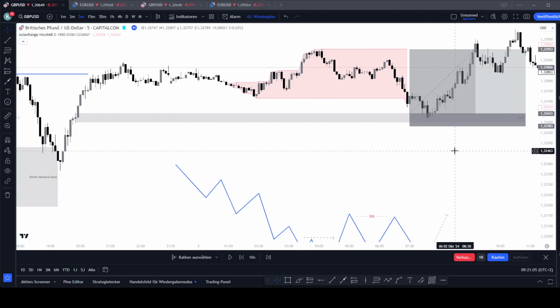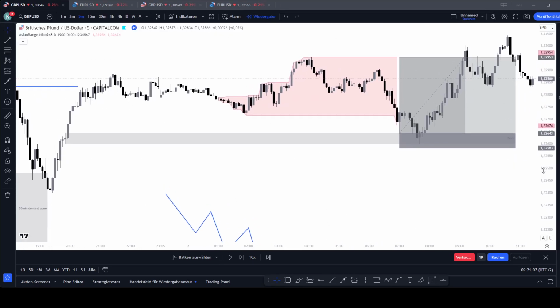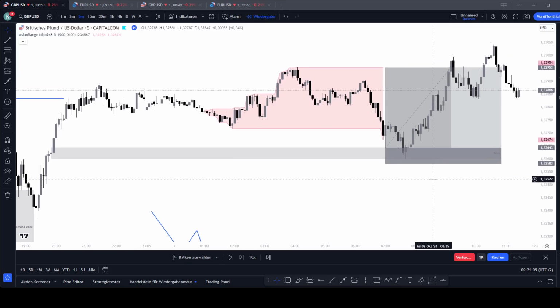Price retraced coming down. We saw liquidity created in the form of Asian high and Asian low. This is the Asian high and this is the Asian low. This is the highest point at which price moved within the Asian session, and this is the lowest point in which price moved within the Asian session.